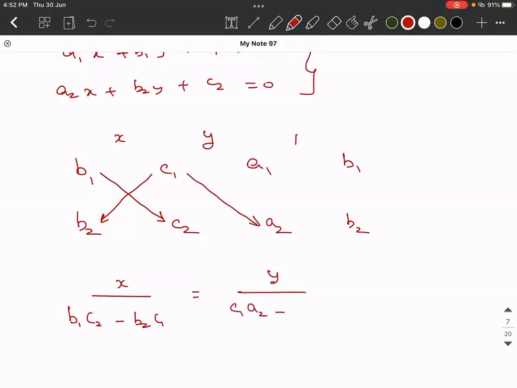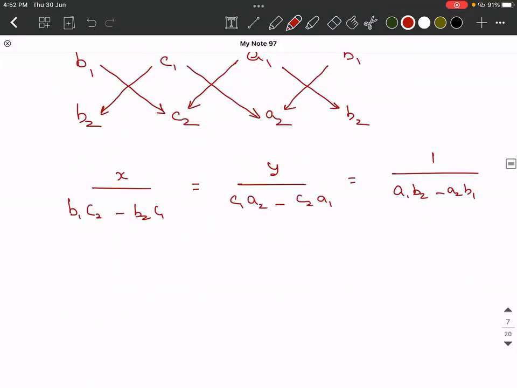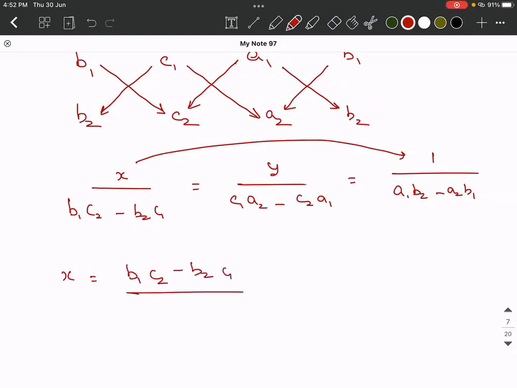C1 A2 minus C2 A1, or A1 C2, whatever you call it, is equal to 1 divided by a1 b2 minus a2 b1. So from this, you can equate this to this. Then x is equal to b1 c2 minus b2 c1 divided by a1 b2 minus a2 b1.